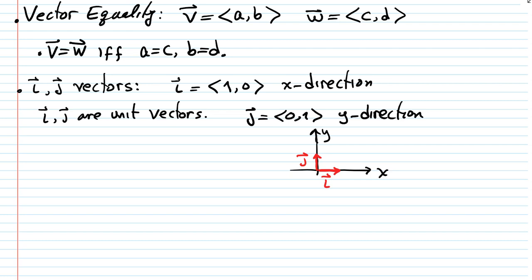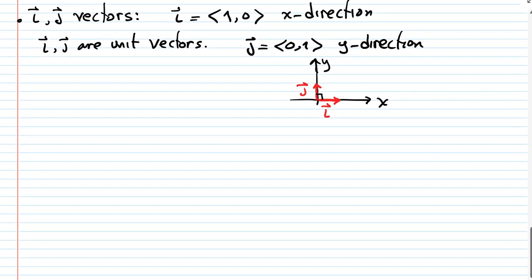Now, having drawn this the way I have, you can see that the two vectors are what we call perpendicular, or in vector terminology, they're called orthogonal vectors. Now, having defined i and j, let's talk about the i-j form, it's not i minus j, of vector v.